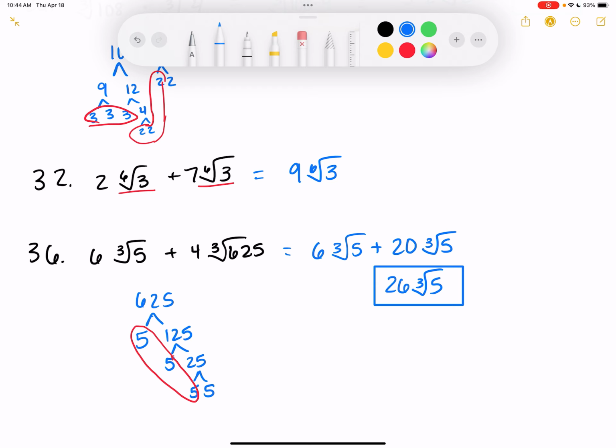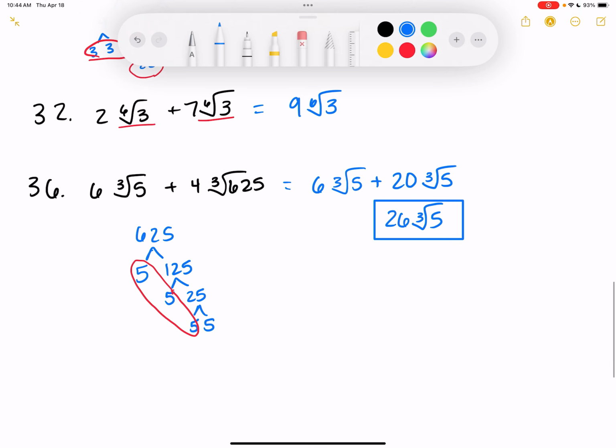So some of what we've done, they also do with variables. I'm just going to show you one of each of the ones with the variables because they work the same way. The cube root of x to the 15th over y to the 6th.